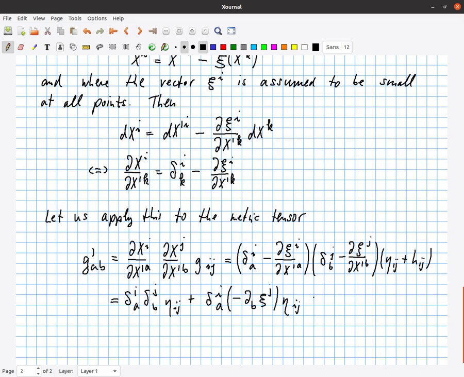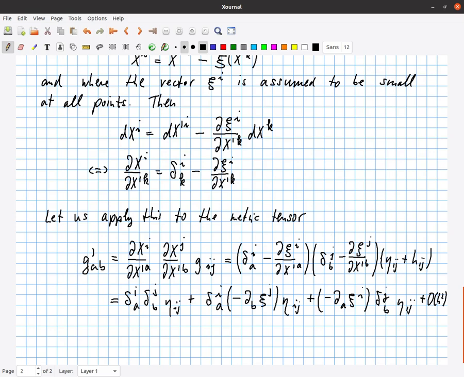Then we have the other combination, so minus partial A psi I delta JB eta ij. All the other terms are of quadratic or higher order in either h or psi, but I assume that they're all small.